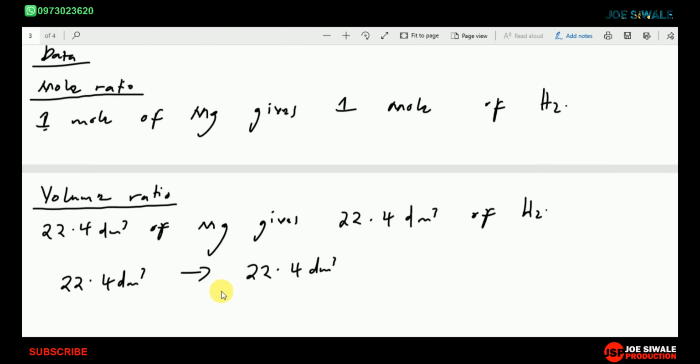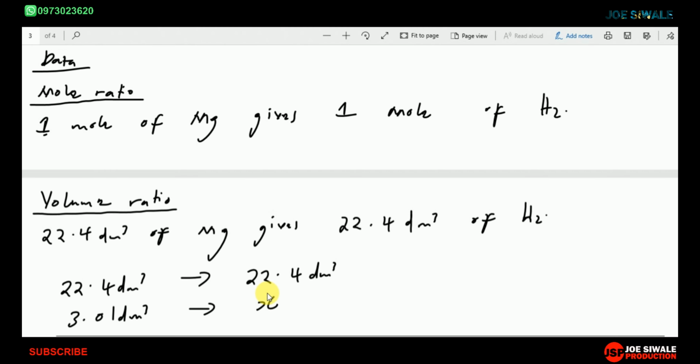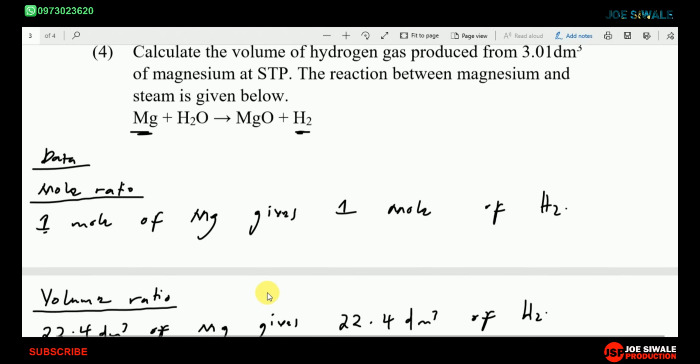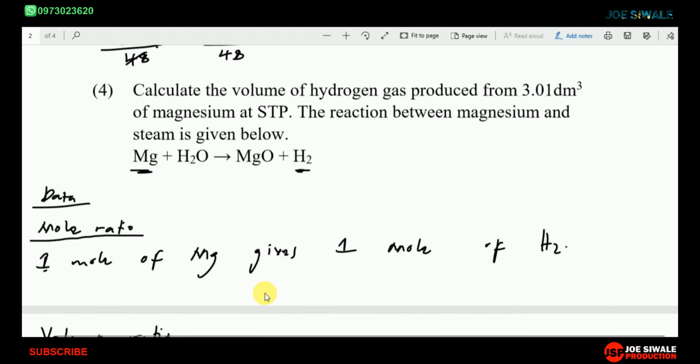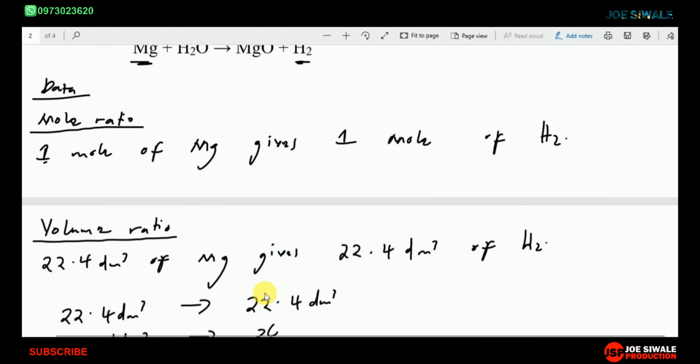Then what about 3.01 cubic decimeters of magnesium that you have been given in the question? So if you check in the question, we are told to calculate the volume of hydrogen gas produced from 3.01 cubic decimeters of magnesium at standard temperature and pressure.